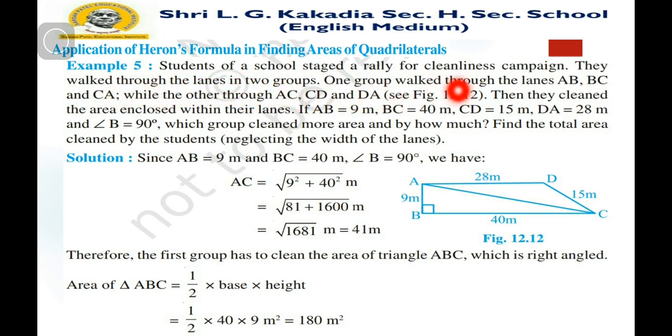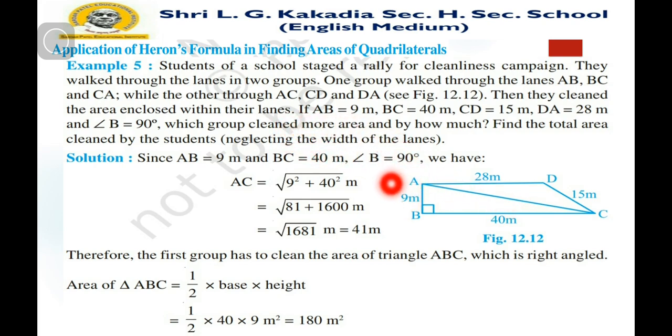One group walked through the lines AB, BC, and CA, while the other walked through AC, CD, and DA. Then they cleaned the area enclosed within their lines. Means whenever they walked, they cleaned the enclosed area.